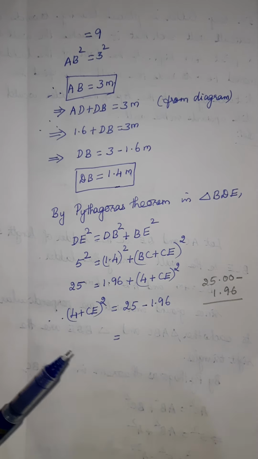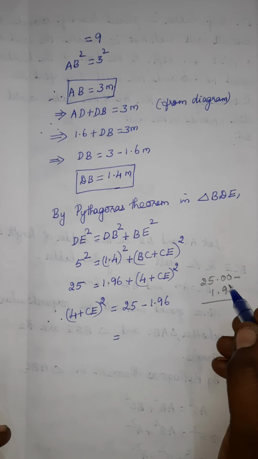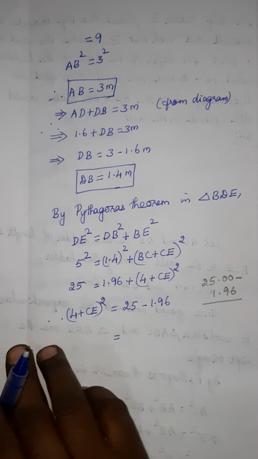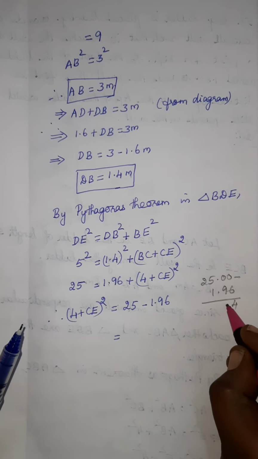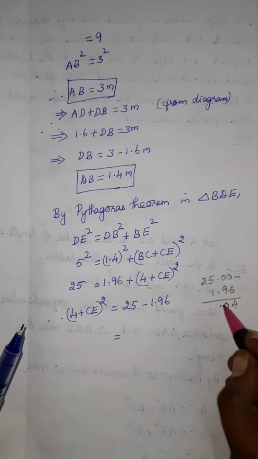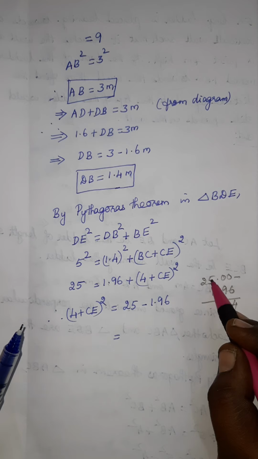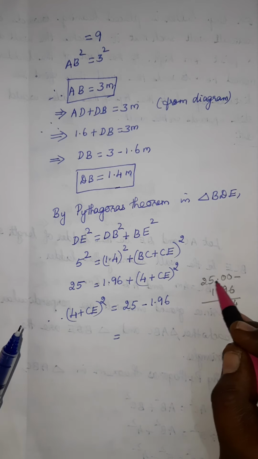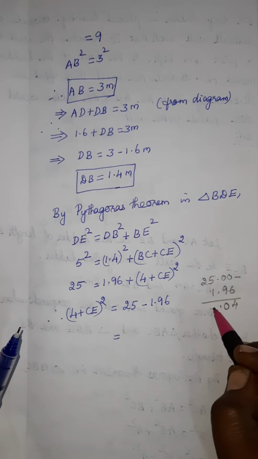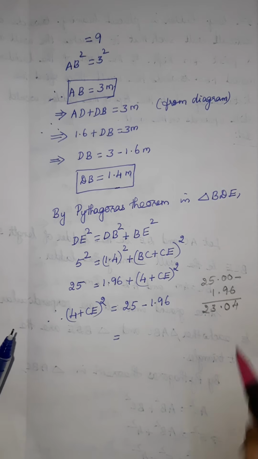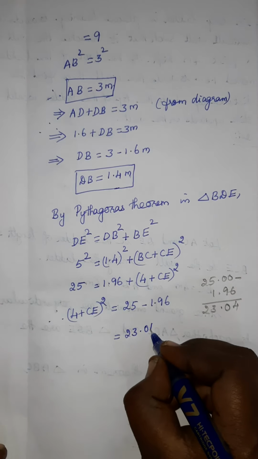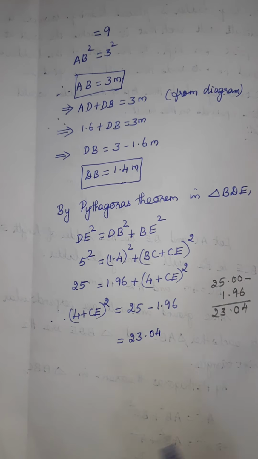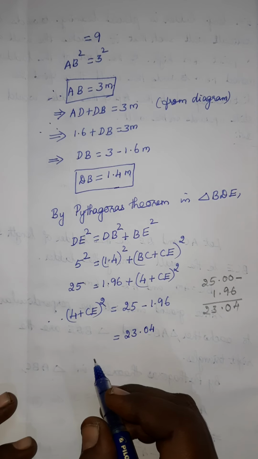Are you all clear? When you subtract, 0 minus 6 gives 4. Here 9 minus 9 is 0. Then when you borrow 1 from 5, you get 4; 4 minus 1 is 3, and 2. So you will get 23.04.